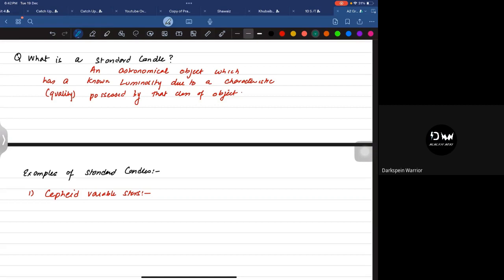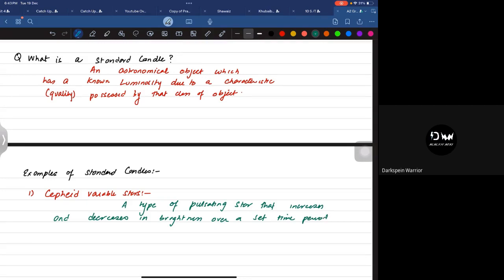Now, a Cepheid variable star is a type of pulsating, meaning twinkling, star that increases and decreases in brightness over a set time period. So the characteristic we're looking for is the time period that it twinkles to. All right.